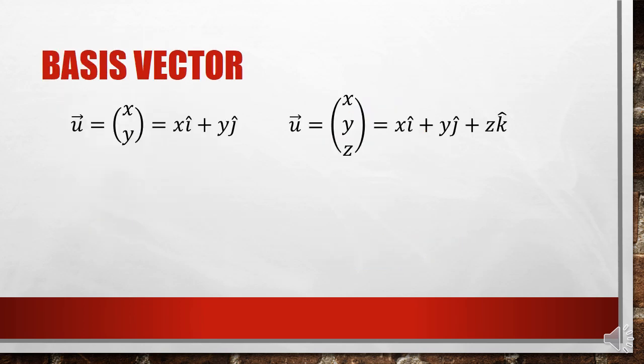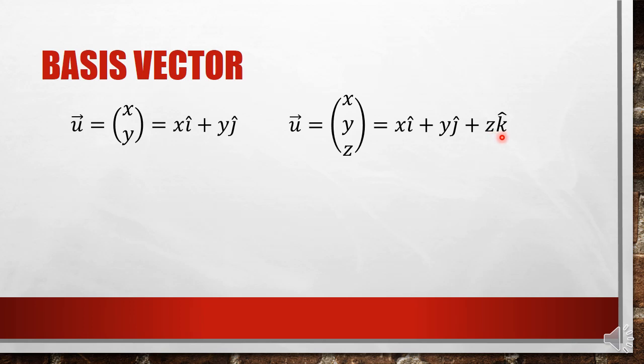After learning the unit vector, now we can write a vector in its basis vectors like this. Vector u (x, y) equals x i plus y j. i is the unit vector in the x direction, j is the unit vector in the y direction. In 3 dimensions, you just add one more, z in the z direction.